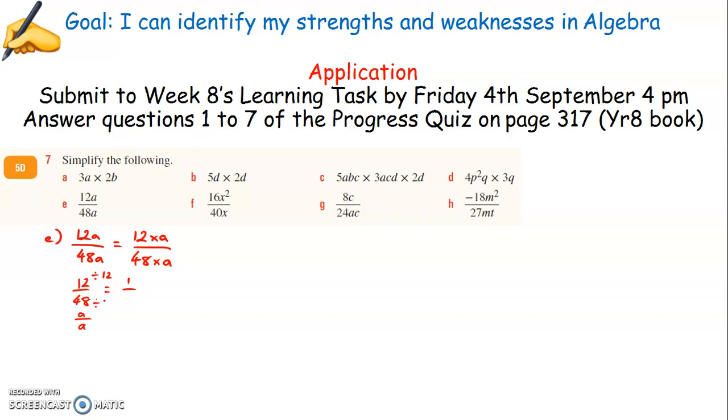How many times can 12 go into 48? 4 times. And with a over a here, that's a divided by a, isn't it? And anything divided by itself is just 1. So here we have a quarter times 1, which is just 1/4.